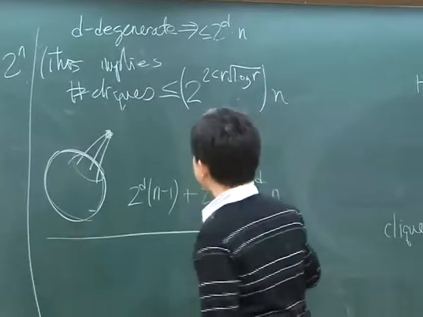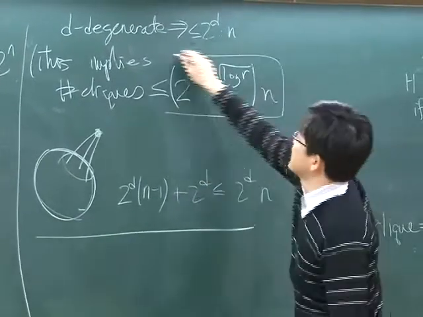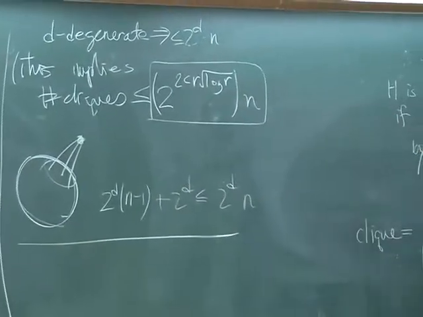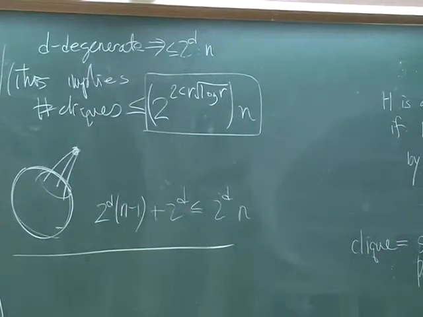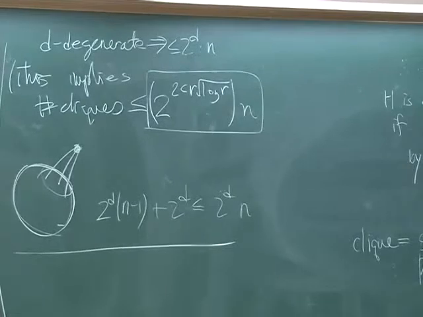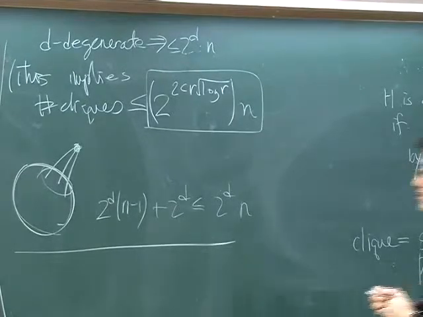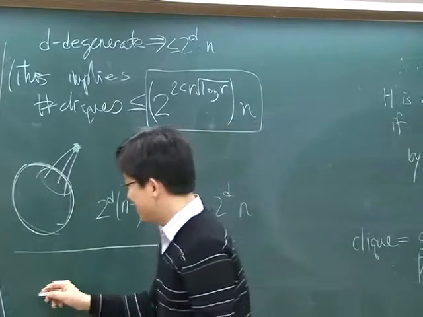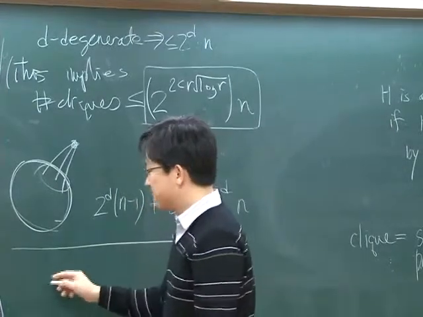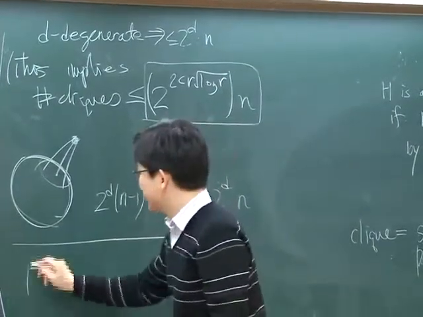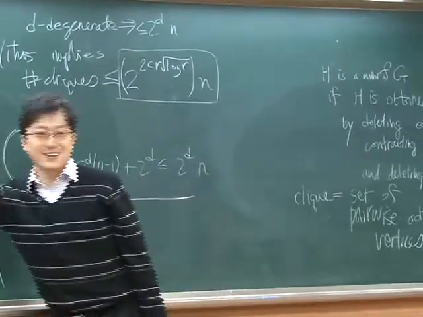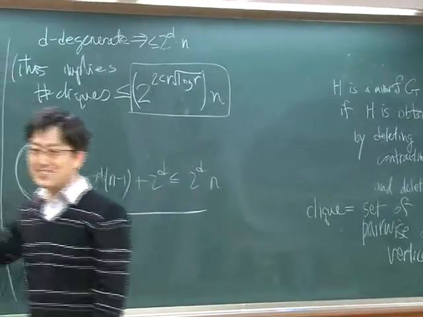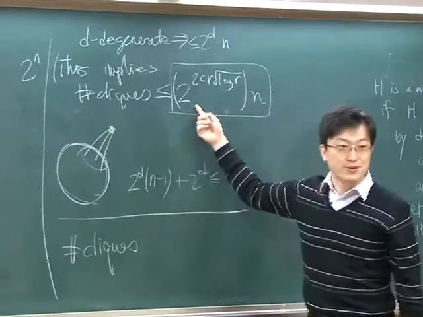So this lemma implies that the number of cliques in a K_r minor free graph is at most some function of r times n. And if I have time, I will explain how we can improve this bound. In his paper, in the last paragraph, he asked whether this can be improved.